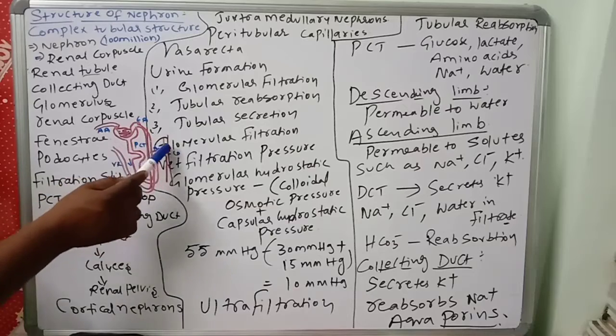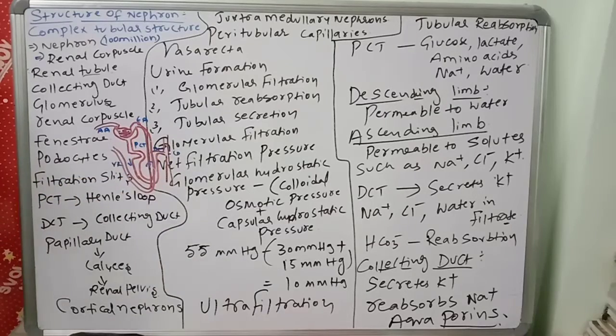This opens into which one? The collecting duct. Next, the most important thing: the renal tubule begins with a double-walled cup-shaped structure called the Bowman's capsule.